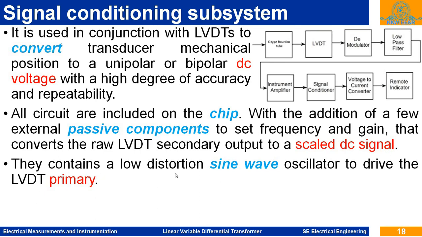They contain a low distortion sine wave oscillator to drive the LVDT. By using this sine wave oscillator, the primary winding or primary coil of the LVDT is supplied.